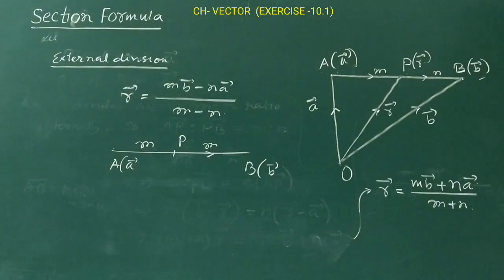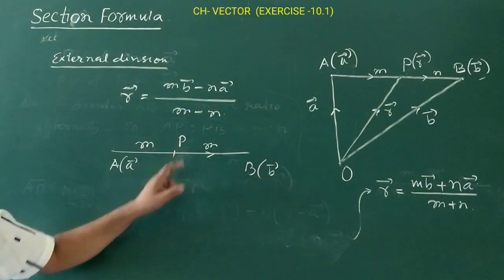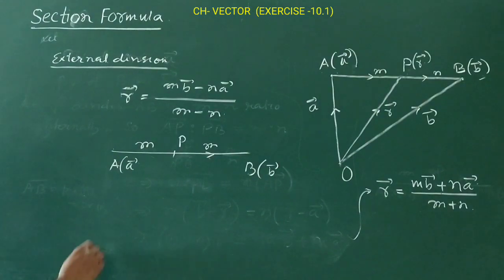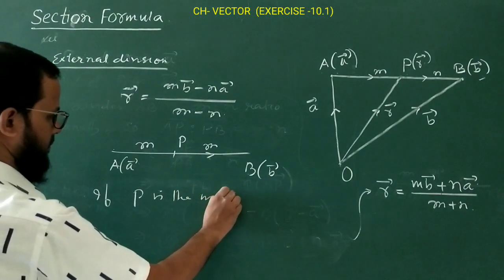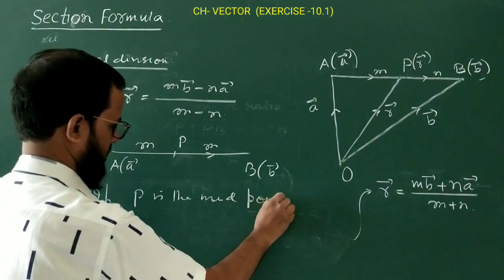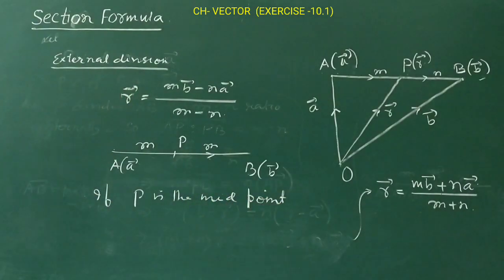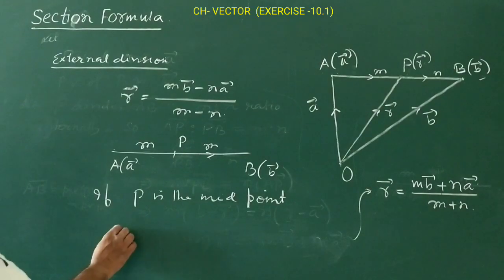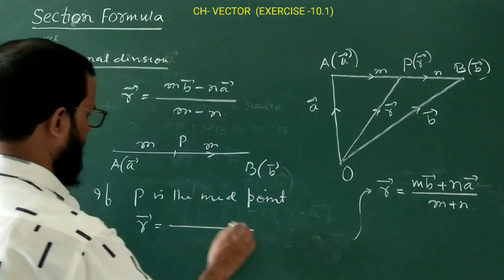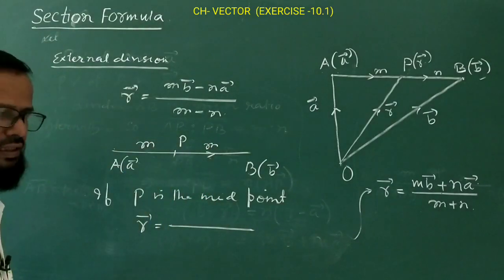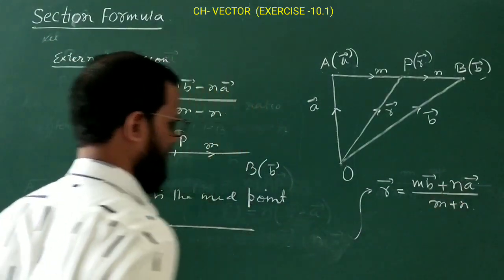Then what is the position vector of the midpoint? If P is the midpoint, then your ratio will be m is to m. ठीक है. तो m n के जगह में आप m लिख सकते हो.